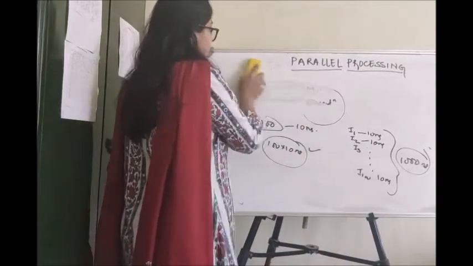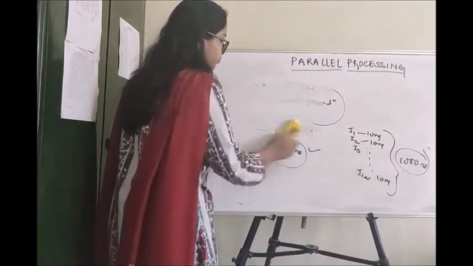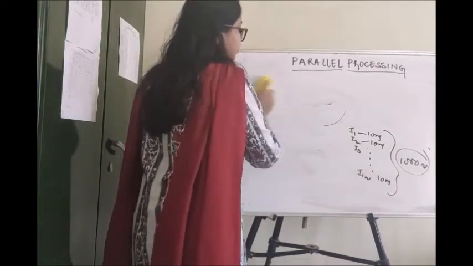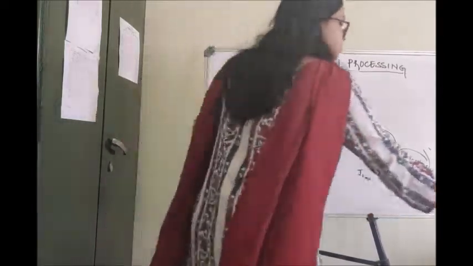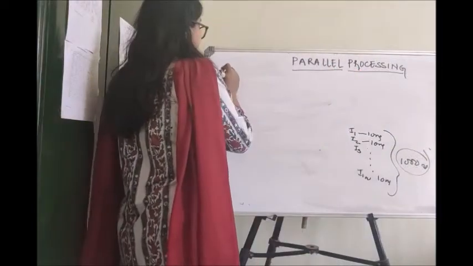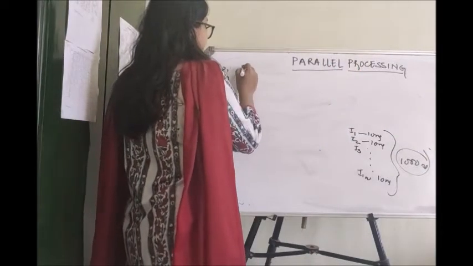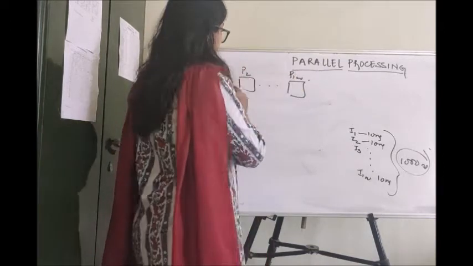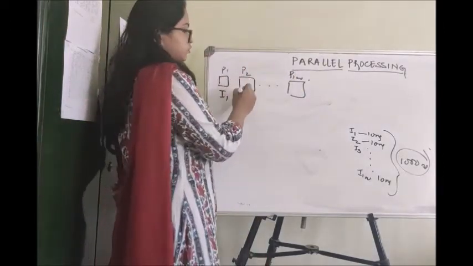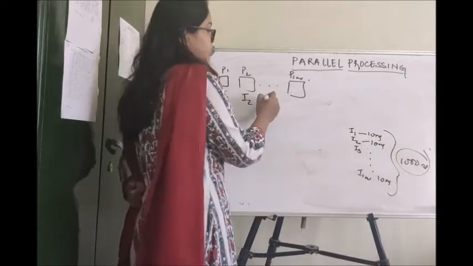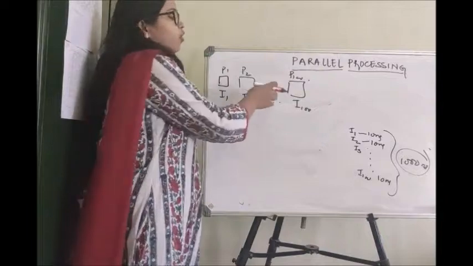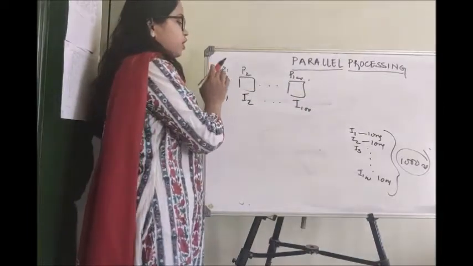Suppose instead of serially, we do it in parallel, so there are 100 processors, P1, P2, up to P100. P1 will carry out instruction 1, P2 will carry out instruction 2, and P100 will carry out instruction 100.